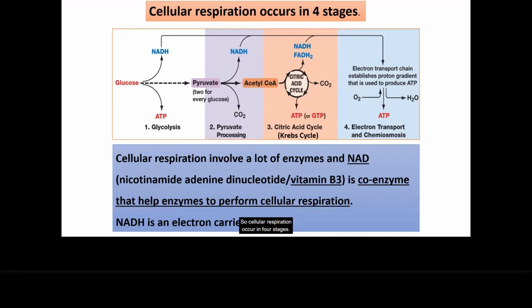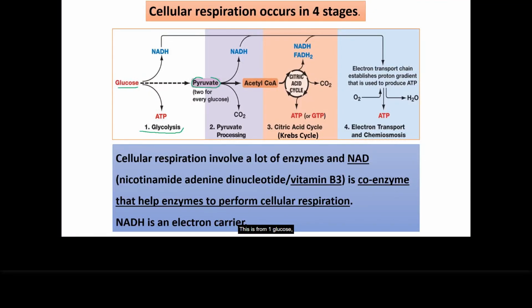So cellular respiration occurs in 4 stages. The first stage is glycolysis. This is when glucose will be broken down with the help of enzymes to pyruvate. So pyruvate will be produced.